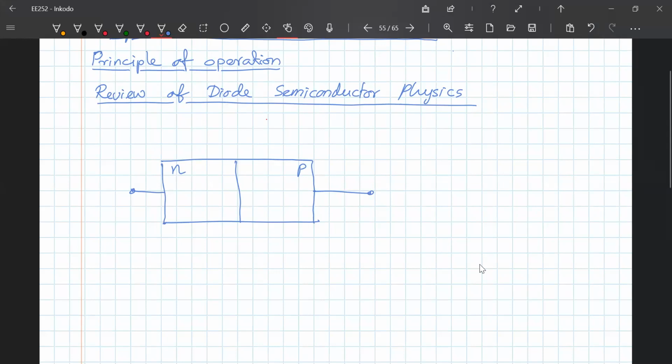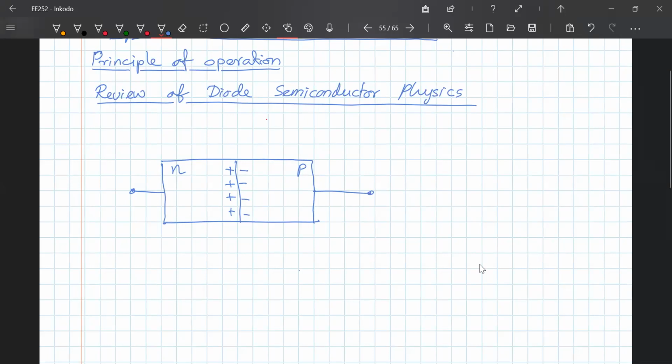So N-type material will become positively charged because you lose electrons, right? Because the electrons that were there were donated to the other side. So therefore the P-type will become negatively charged around the junction.